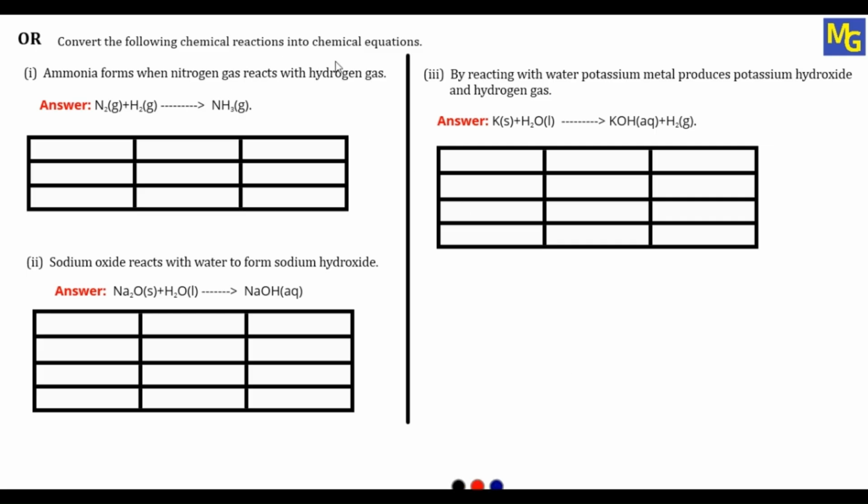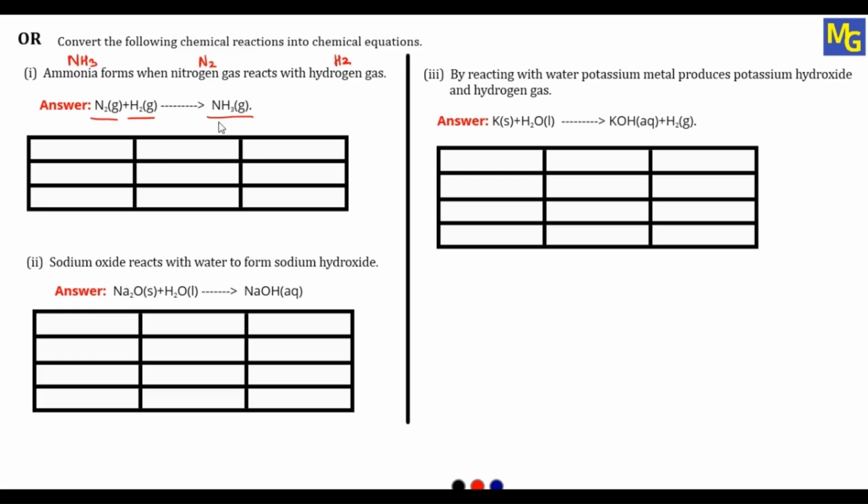So here hydrogen symbol is H2, nitrogen symbol is N2 and ammonia, the formula is NH3. So I took here N2, I took here H2 and then this is our NH3. So this is the reaction where nitrogen reacts with hydrogen to give ammonia.